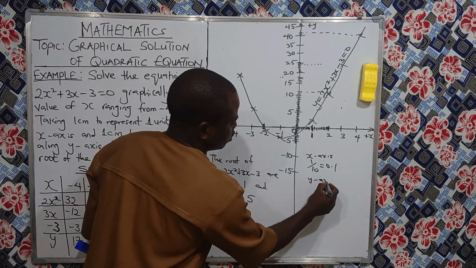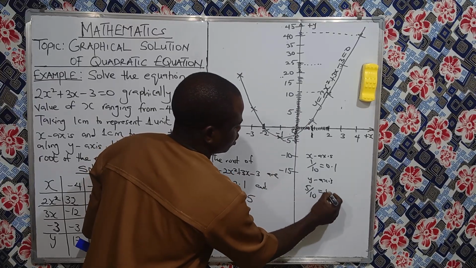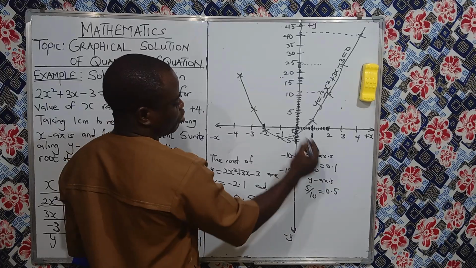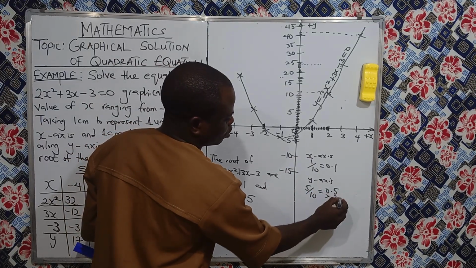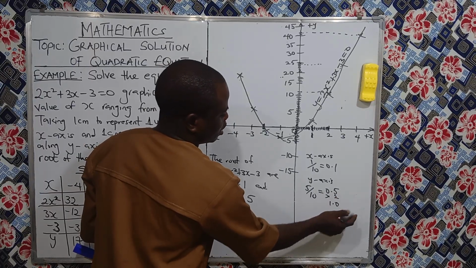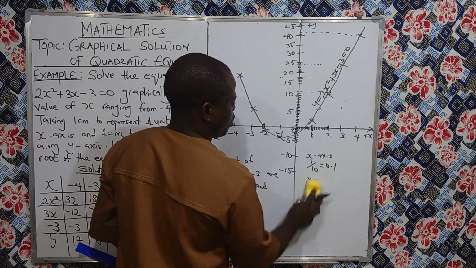On the y-axis, 5 divided by 10 boxes is 0.5. We are now adding it, or you multiply it. 0.1 times 10 will be 1.0.